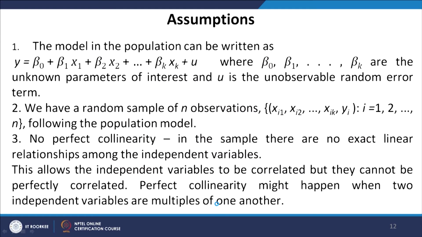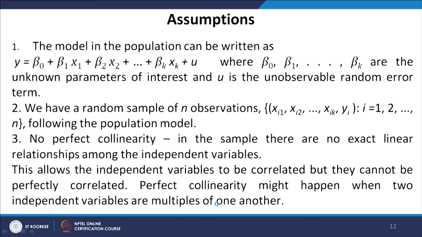Now, we talk about the assumptions of multiple linear regression. They are exactly the same as those of simple regression. So, first of all, the model in the population can be written as y equals beta naught plus beta 1 x1 plus beta 2 x2 and so on plus u, where the betas are the unknown parameters of interest and u is the unobservable random error term.